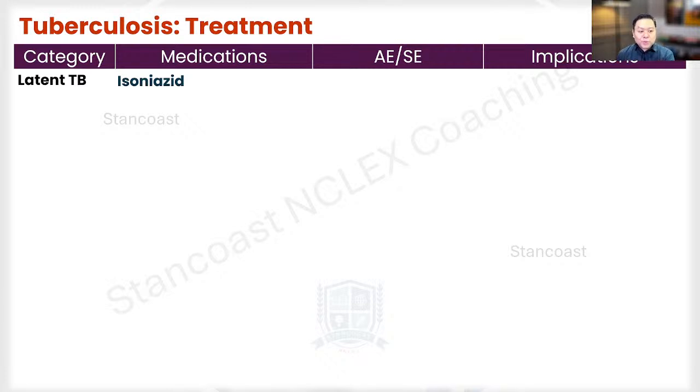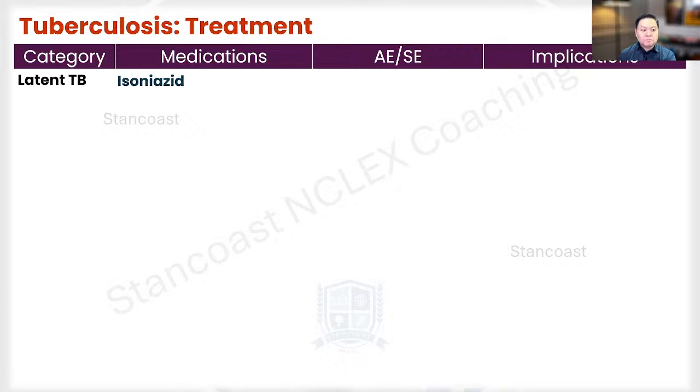It's already present in their body, but they are not sick, and they cannot also spread the bacteria to others, okay? Now, when does the latent TB treatment start? Well, if you're going to ask me, it will start after ruling out active TB, typically with 9 months of daily isoniazid.